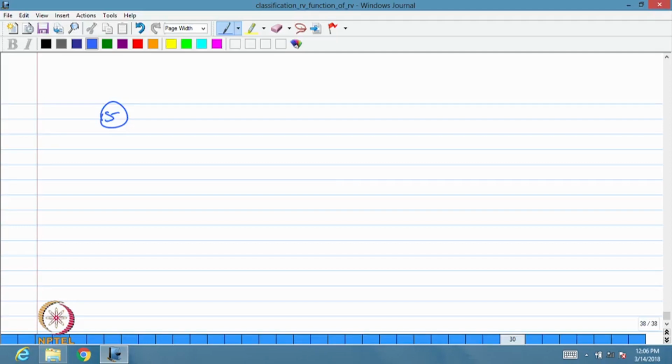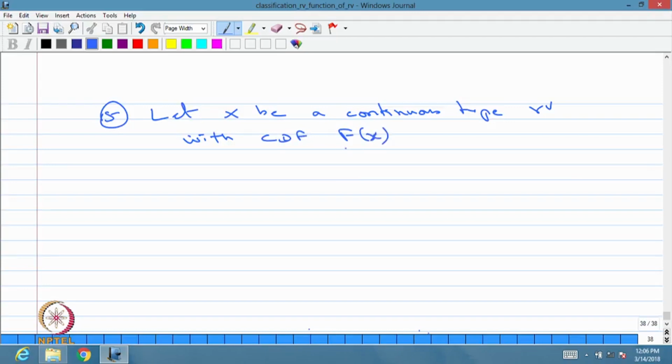The next remark: let X be a continuous type random variable with CDF capital F of x.